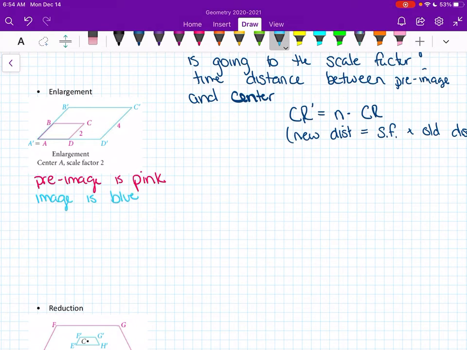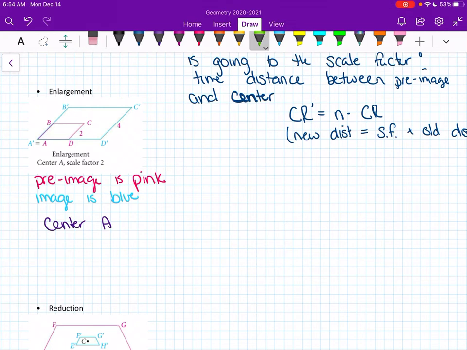And if I look, what point is not moving? A is not moving. So my center is going to be at A. All right, so we see that A prime and A are the same. So that's my center.